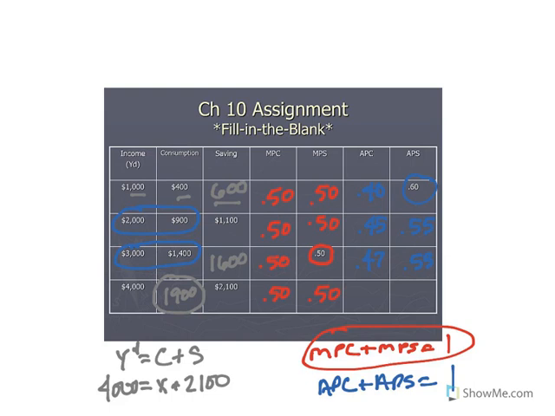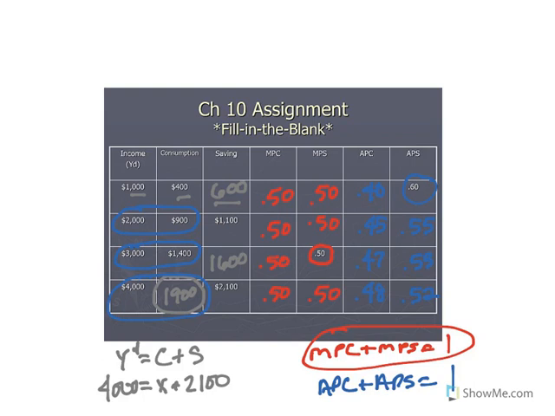And then I would do the last thing for when disposable income is 4,000. We see that when disposable income is 4,000, consumption is 1,900. So I just do 1,900 divided by 4,000, and I come up with approximately 0.48. And then I can just do 1 minus 0.48, and I get 0.52 for my APS.